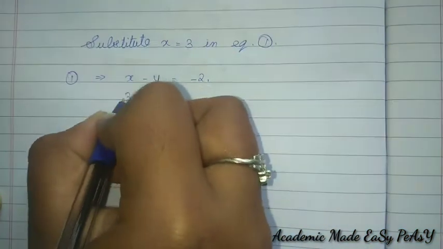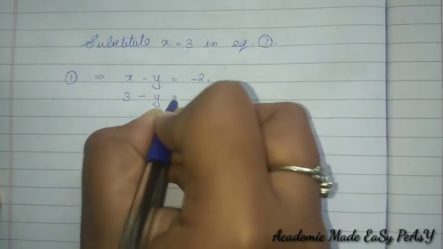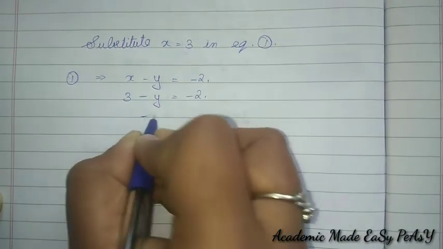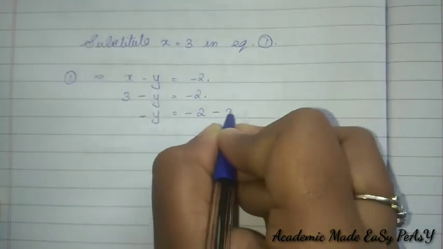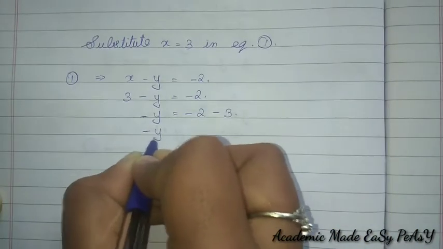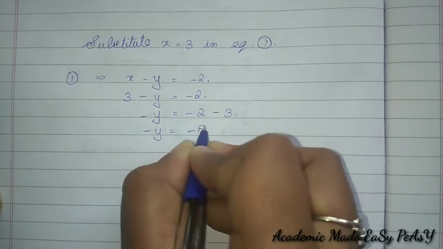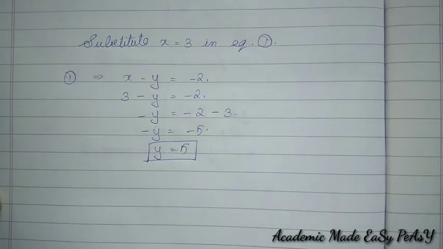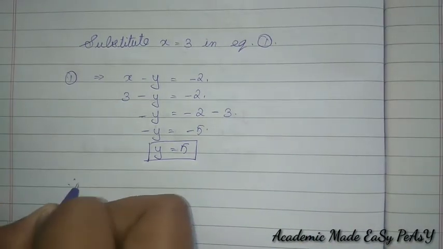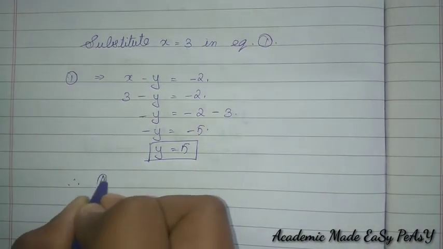Now my x is 3, so 3 minus y is equal to minus 2. Minus y is equal to minus 2, and the plus 3 goes to the other side and becomes minus 3. So minus y is equal to minus 5. Minus and minus get cancelled, so y is equal to 5.